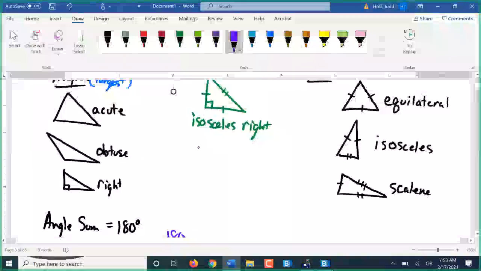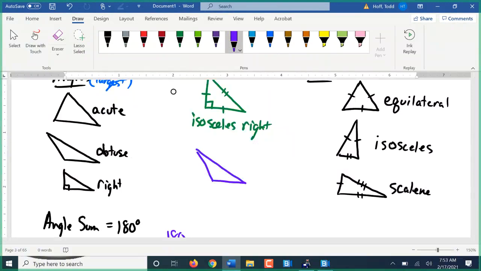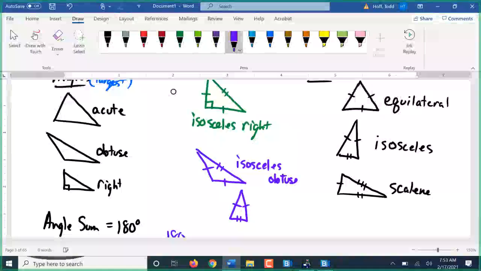We might have something like this. This would be called obtuse. And of course, that would be this one, which would be called obtuse.